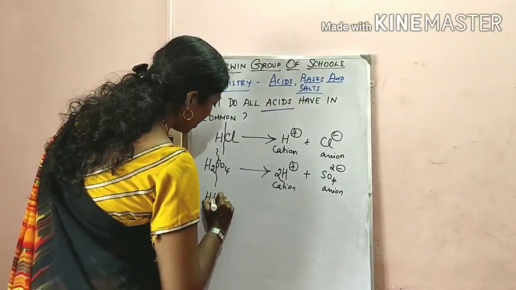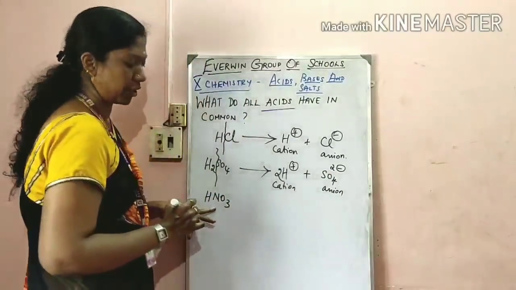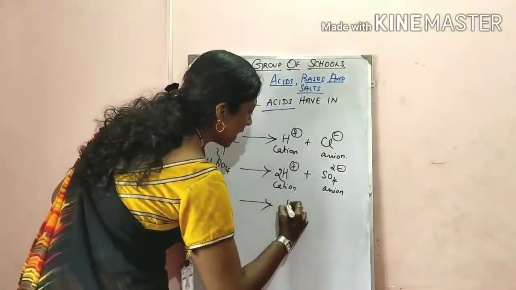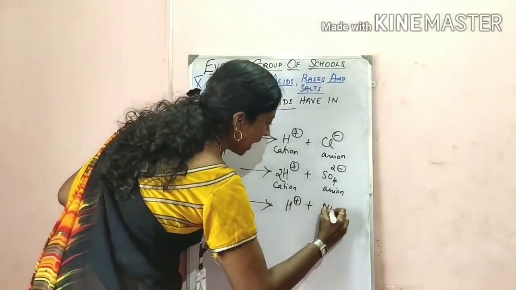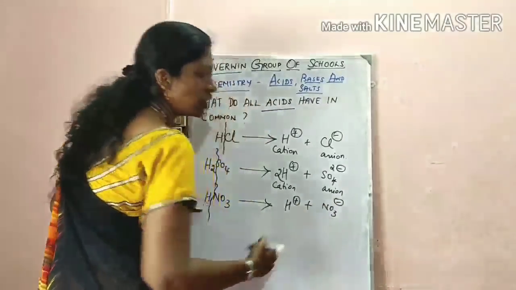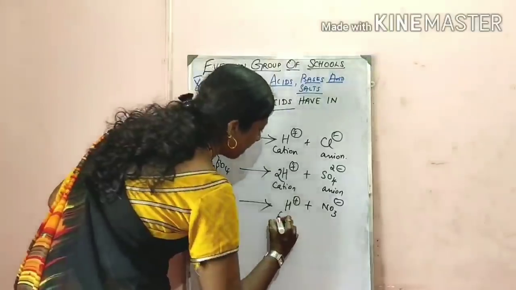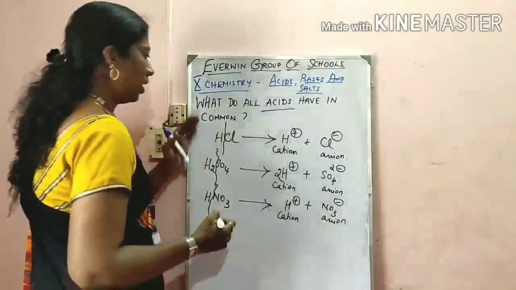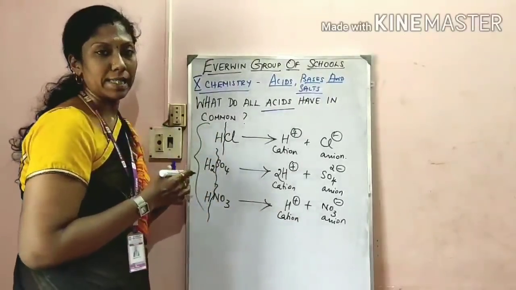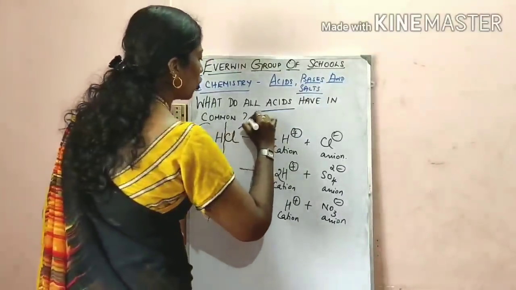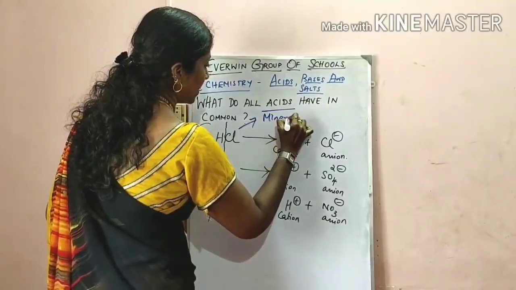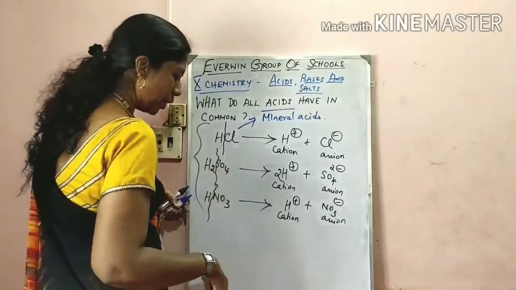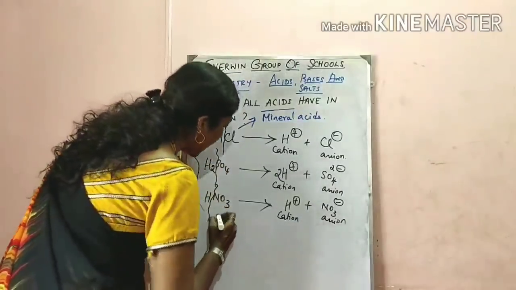Similarly, nitric acid, HNO3, also spontaneously dissociates into an H plus cation and a nitrate ion, which is NO3 minus. All these are strong acids, and we can also call them mineral acids. Now let us see an example of a weak acid.